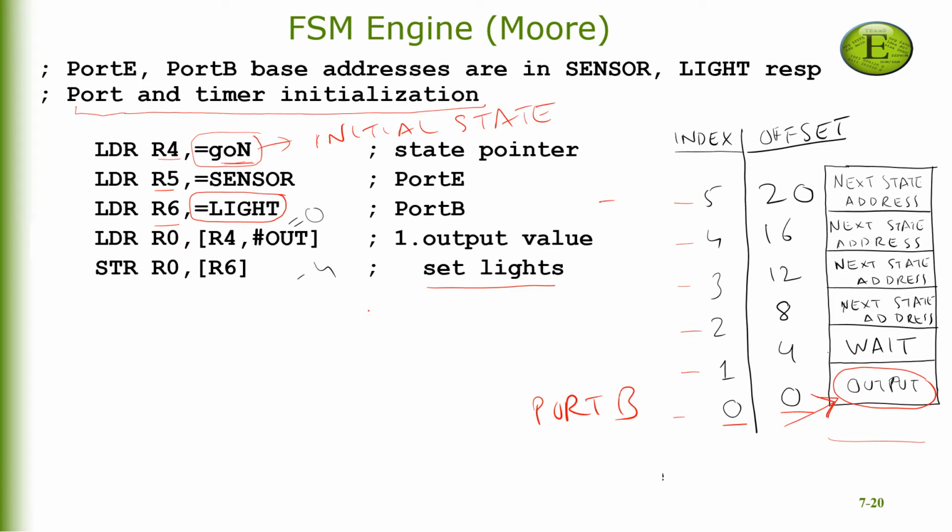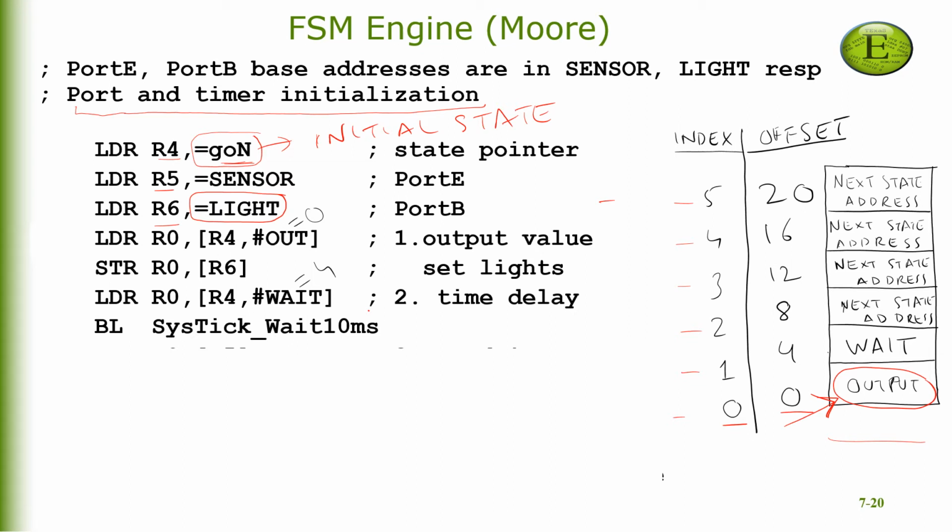So once the output has been dispatched, then the next task is to wait. And the wait information, how long that you need to wait, is stored at offset 4 or index number 1. So we're going to work directly with the offset here. So wait is a constant defined as 4. This is representing the offset.